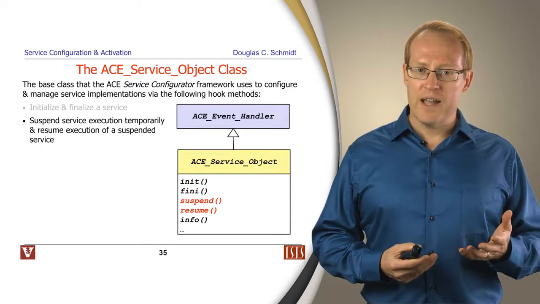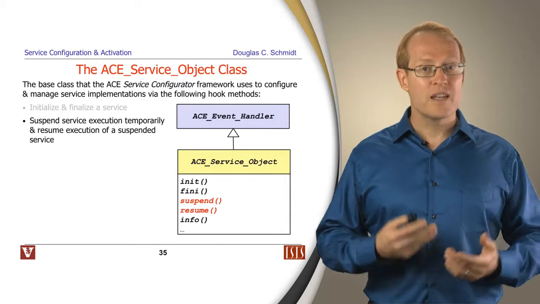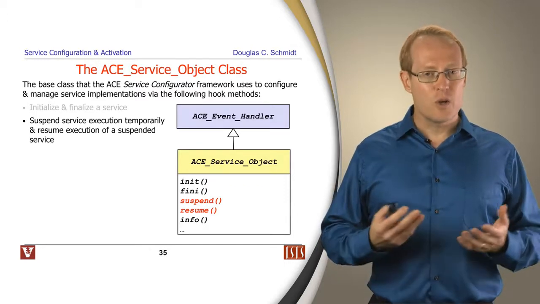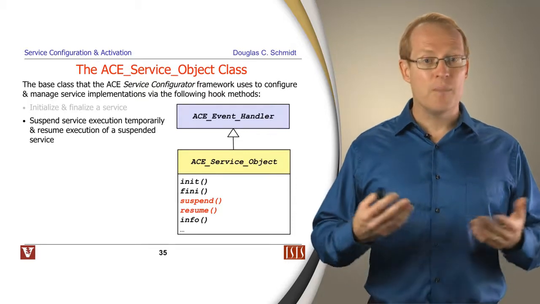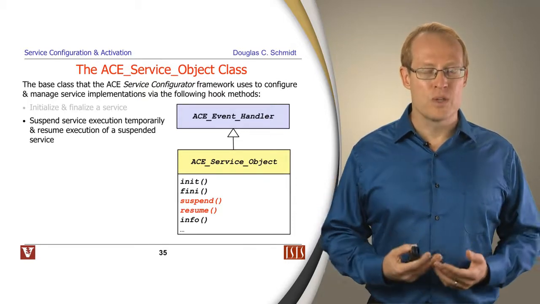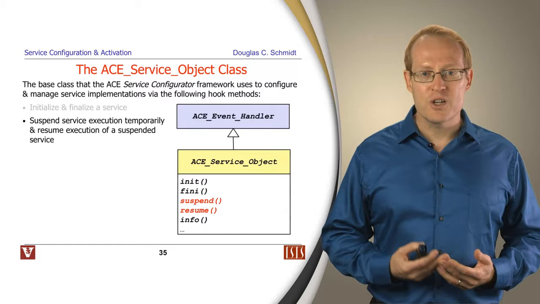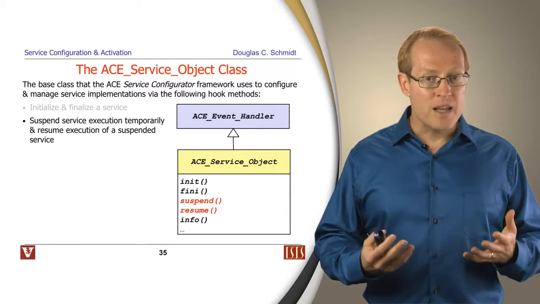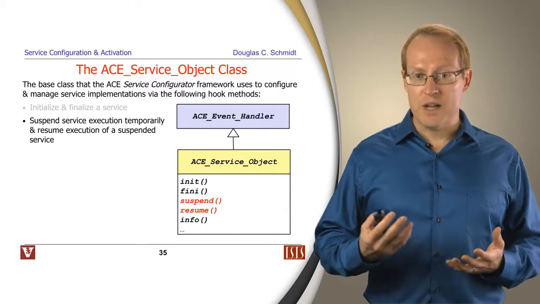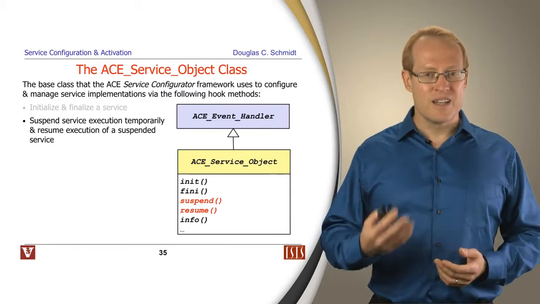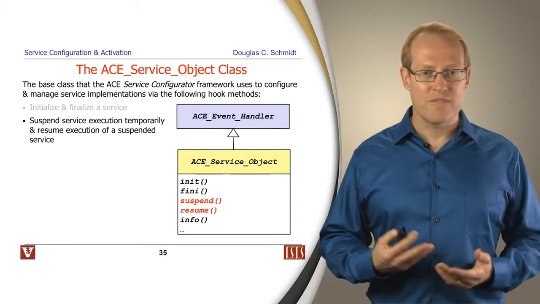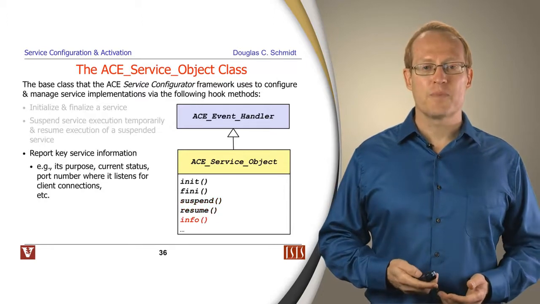It also provides hook methods for being able to suspend and resume a service. There could be certain situations where you don't want the service to be active. Perhaps you're updating some of the data it uses, or you're changing its implementation for some reason. And so you can suspend it temporarily so events are not dispatched to it. And after you're done, you can then go ahead and resume it so it can continue to process requests that it's getting from wherever its clients come from.